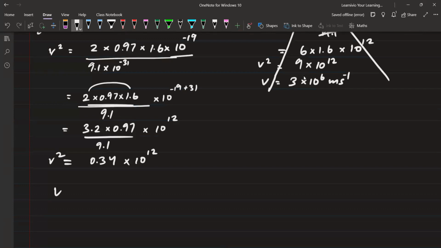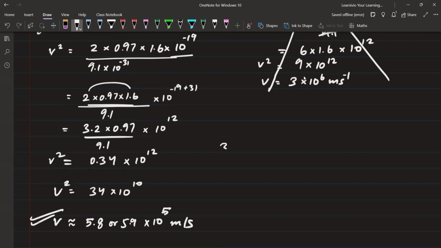So v will be approximately, I can say, 34 into 10 to the power 10, and v will be approximately like 6, थोड़ा सा कम होगा, 5.8 or 5.9 into 10 to the power 5 meter per second. This will be the velocity. 0.36 अगर होता, root of 36 will be completely 6, but it is 34. Root of 34 will be 5.8 or 5.9, you can say.